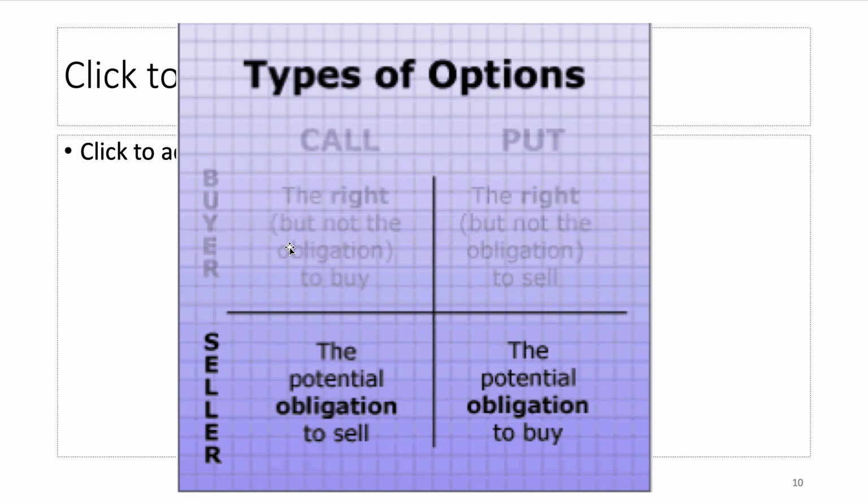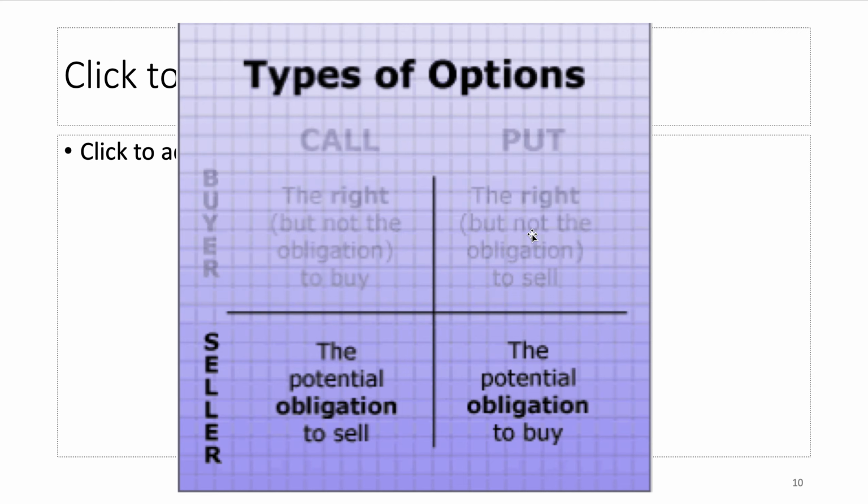Very neat. Only when you find it advantageous do you exercise. That's for call option holders taking a long position. For put option holders, if you take a long position in a put, you have the right to sell, not the obligation.